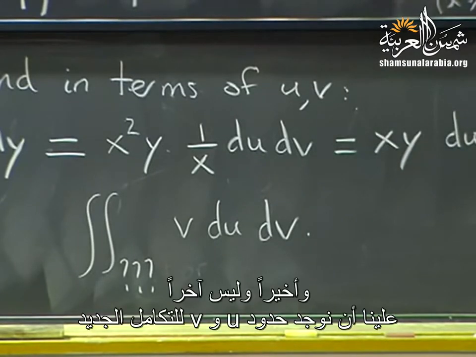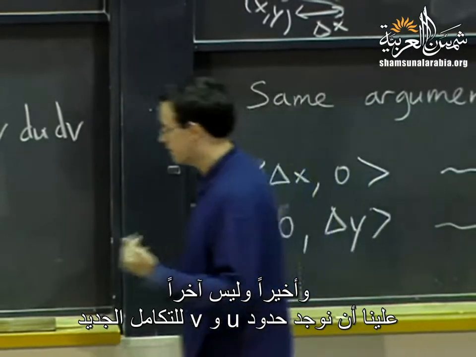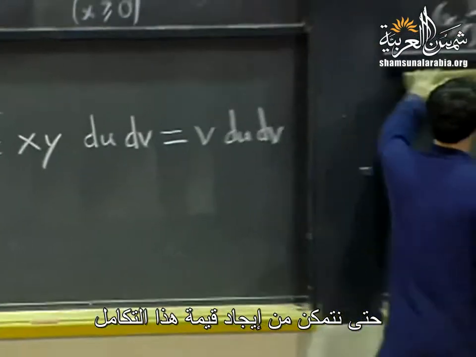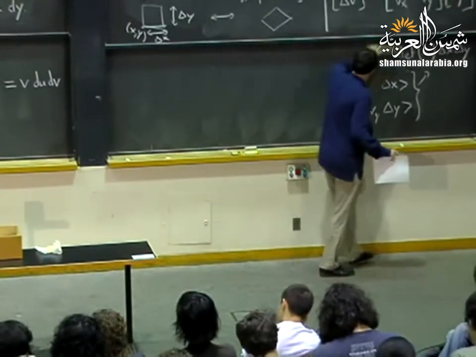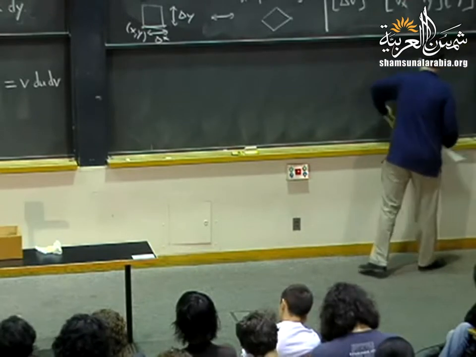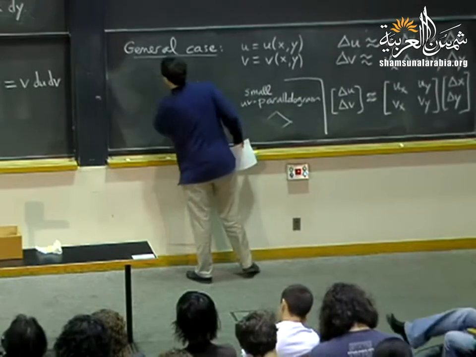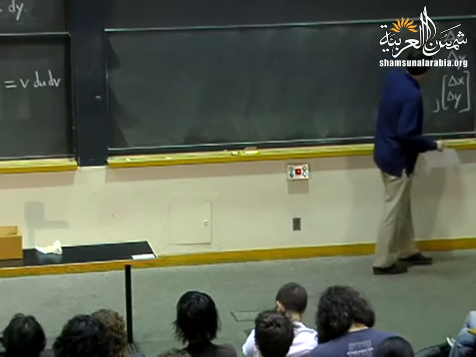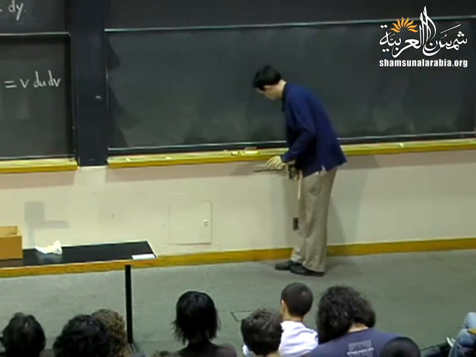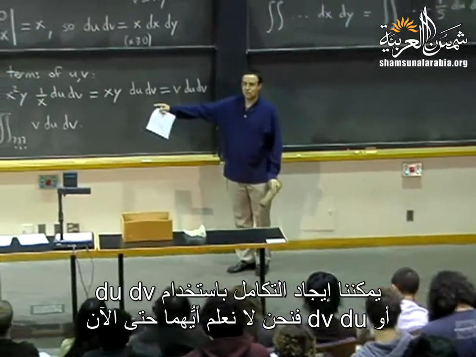Now, last but not least, we'll have to find what the bounds for u and v are in the new integral, so that we know how to evaluate this. In fact, we could do it du dv or dv du.